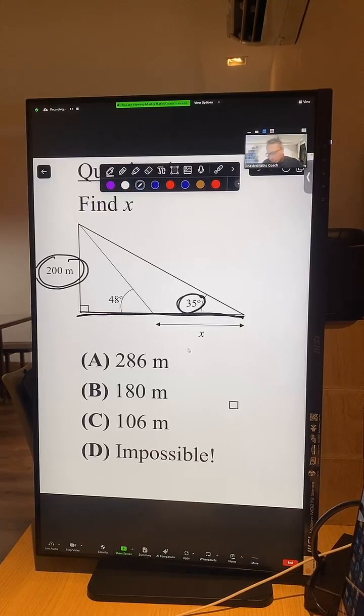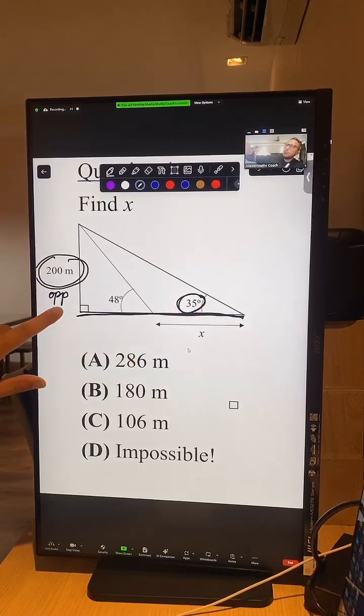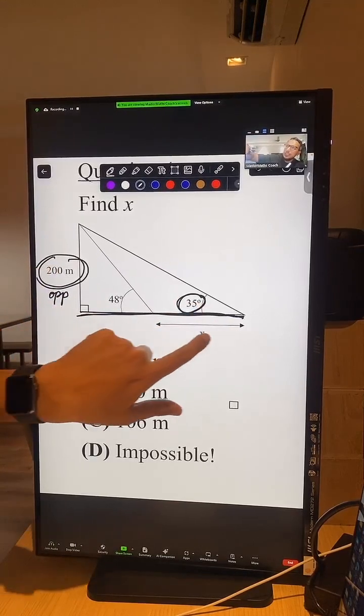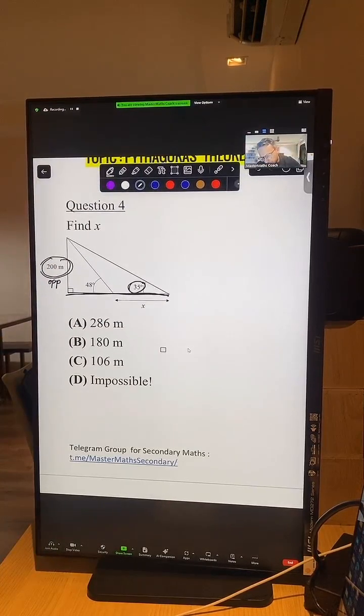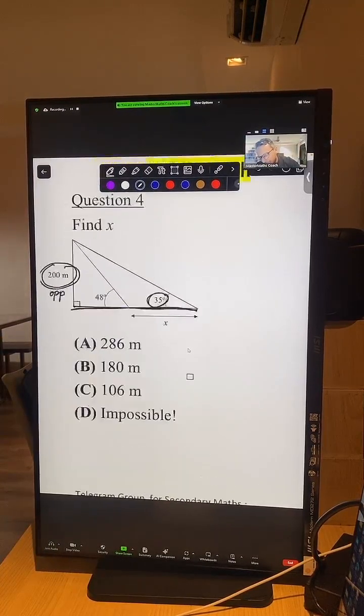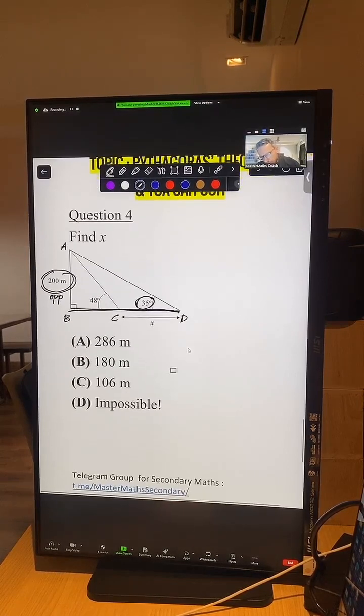I know that this is my opposite side. This is opposite, OPP. Why? Because 35 degrees, this one opposite, OPP. So I know this is my adjacent side. The whole thing is my adjacent side. So okay, maybe I label the triangle lah. You can do this in the exam also, no problem. A, B, C, D. Okay, so we want to find BD here.